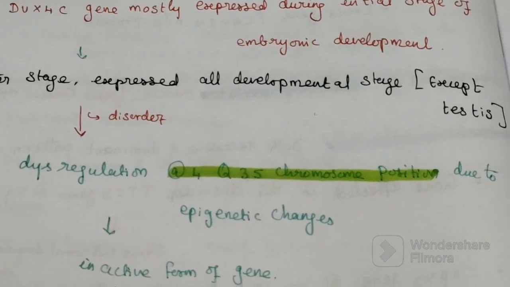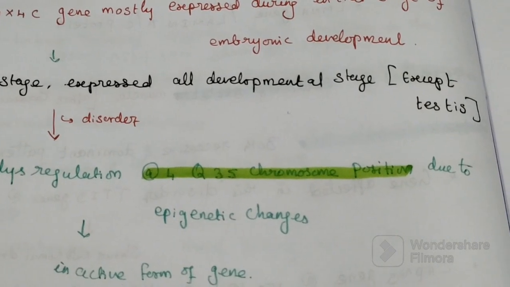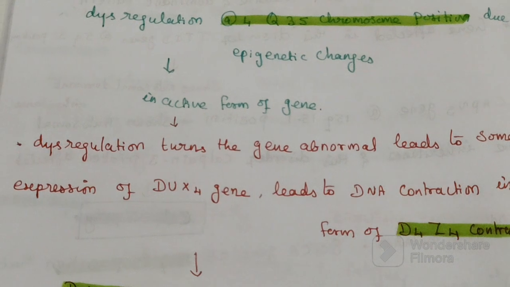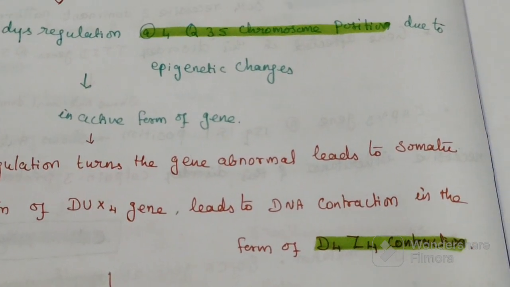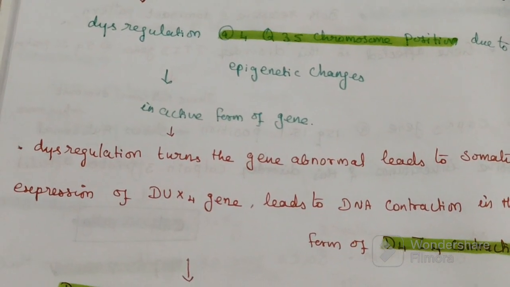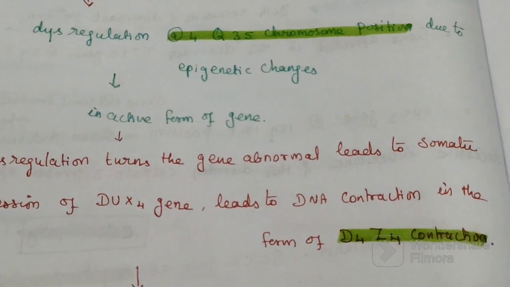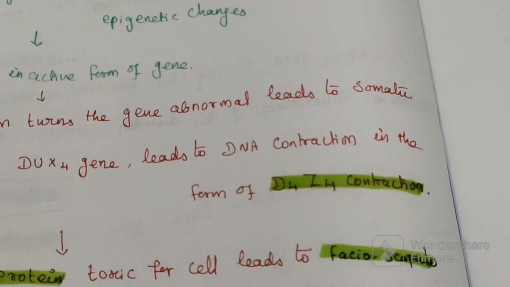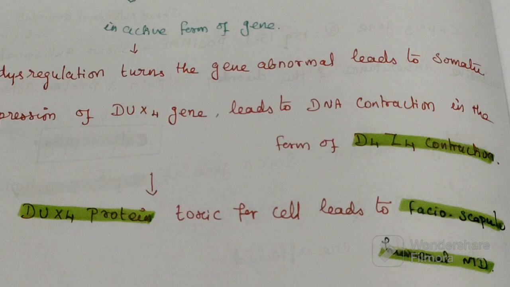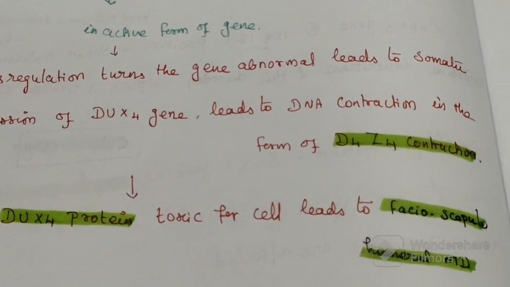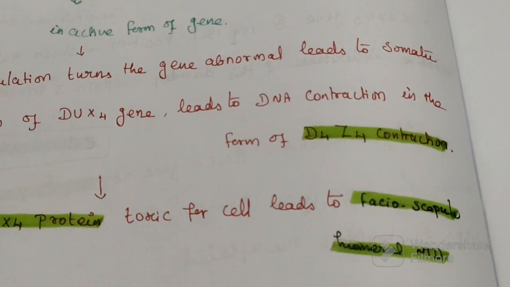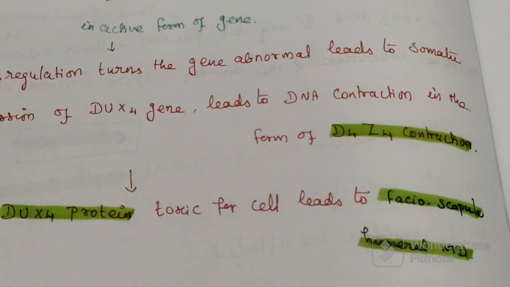Then dysregulation at 4q35 chromosome position turns the gene on abnormally, leads to somatic expression of the DUX4 gene, then leads to DNA contraction, D4Z4 contraction. So the DUX4 protein is toxic to the cell and leads to facioscapulohumeral muscular dystrophy.